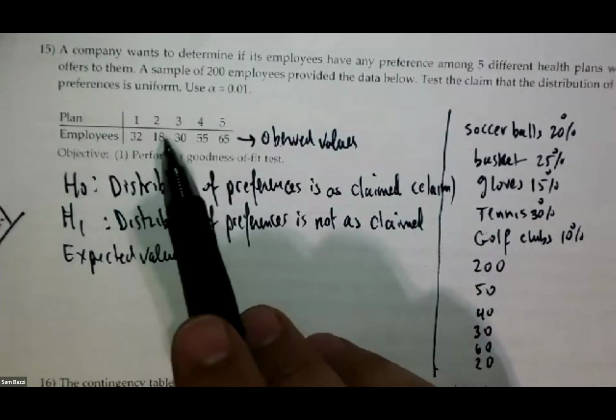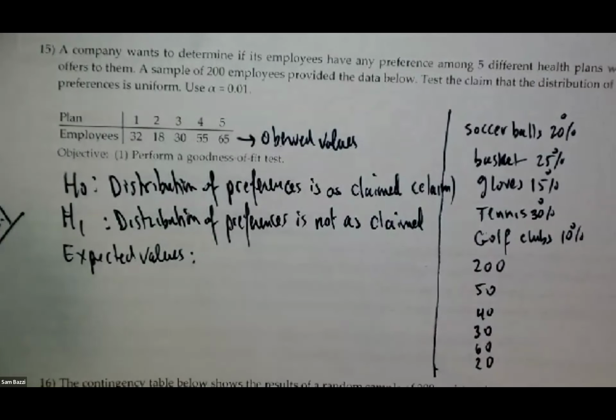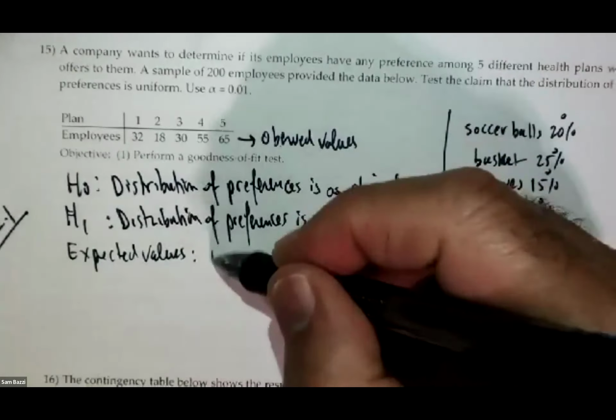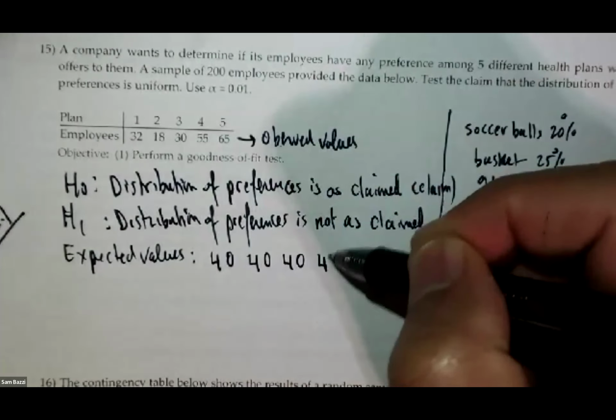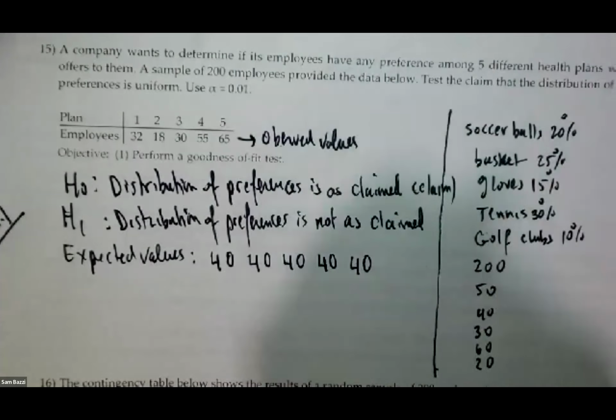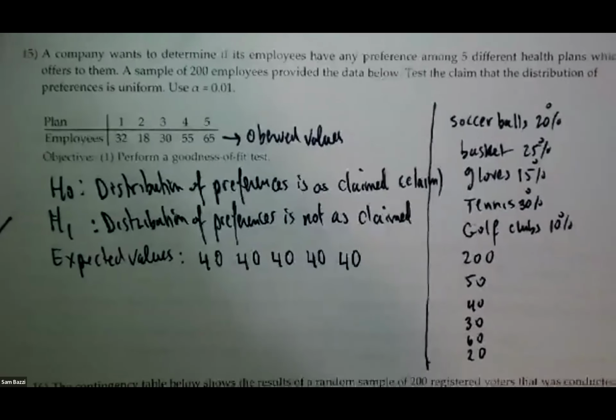So I have 1, 2, 3, 4, 5. I should have 5 values right here. Okay, I'm gonna give myself the liberty and put in the answer, and I'd like you to figure out how I did it. You've been through 12.1, guys, you should know. How did I figure out that it's 40 each? Can someone tell me?